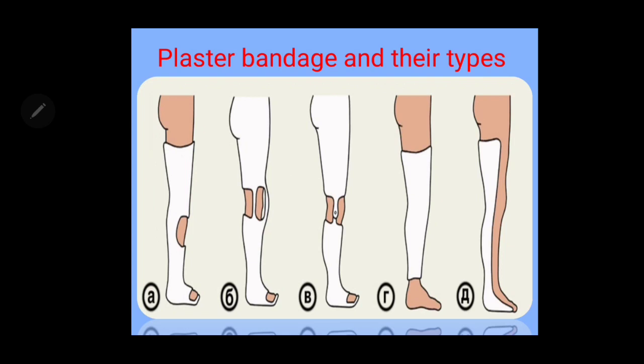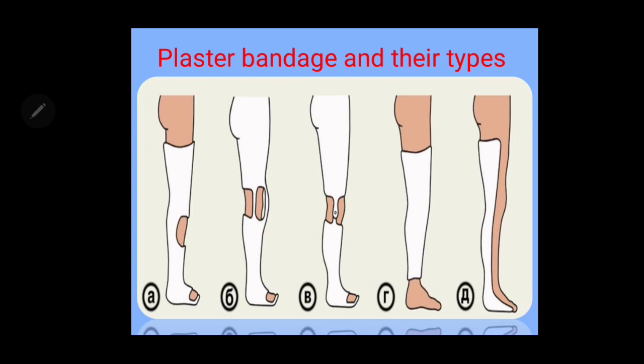We talked already about these things, that in cases of open fracture, we should better use an external fixator. But if you don't have it, or there is no possibility to apply it, a circular plaster bandage with a window can be applied, which will allow performing dressings, checking the wound state, and removing sutures.